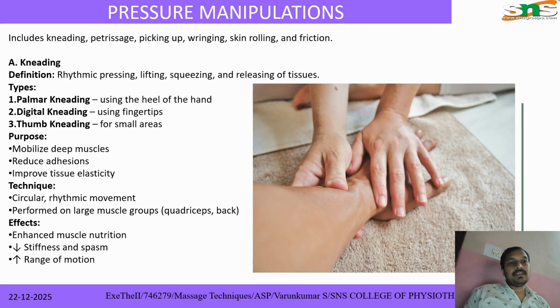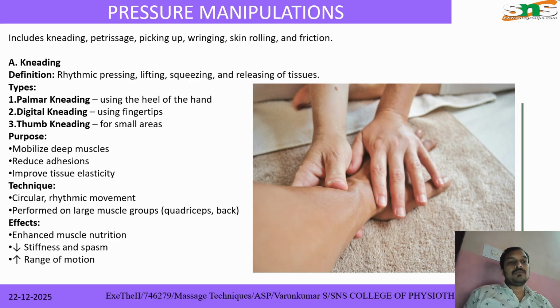Then pressure manipulation. Pressure manipulation includes kneading, petrissage, picking up, wringing, skin rolling, and friction. We can do these techniques as a group or as an individual technique. Kneading is a rhythmic pressing, lifting, or squeezing and releasing of the tissues. The types are palmar kneading, digital kneading, and thumb kneading.